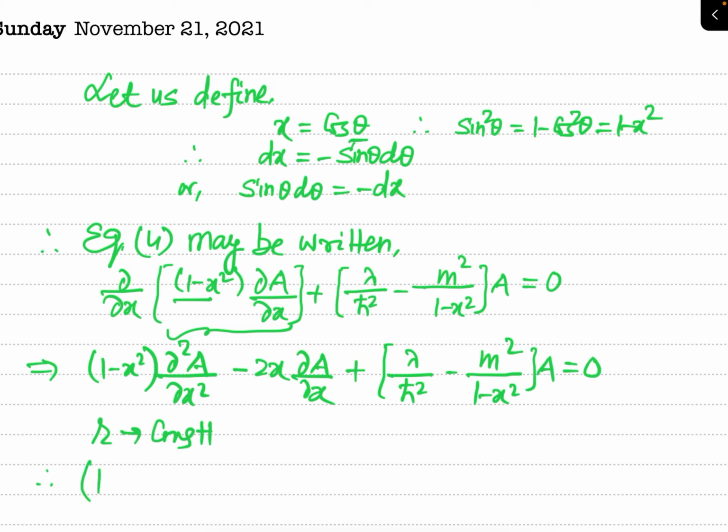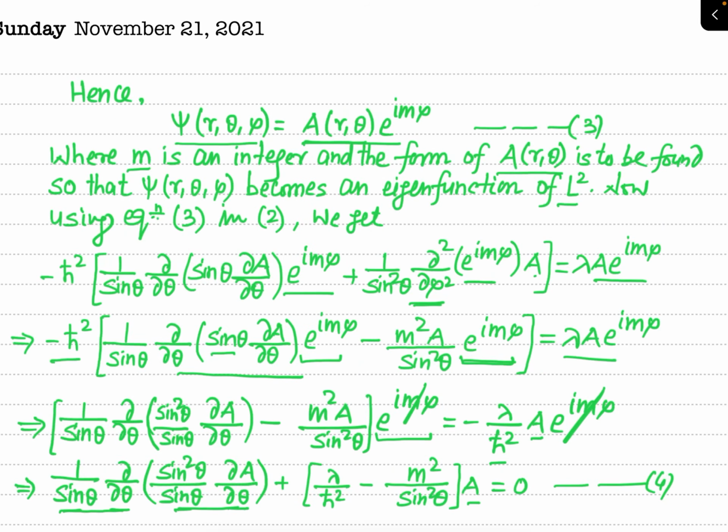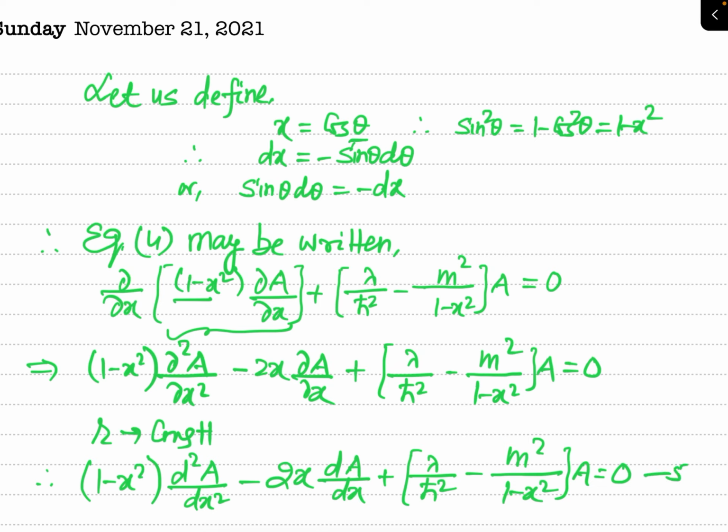Therefore the above equation may be written like this: 1 minus x square times d2a by dx square, minus 2x dA by dx, plus lambda over h bar square minus m square over 1 minus x square times a equal to 0. Say this is your equation 5.